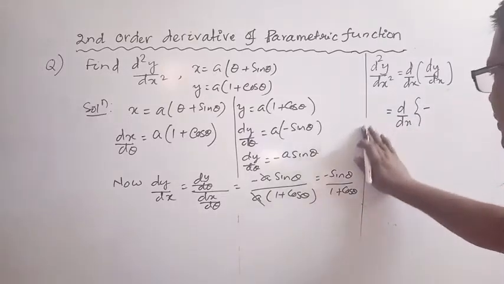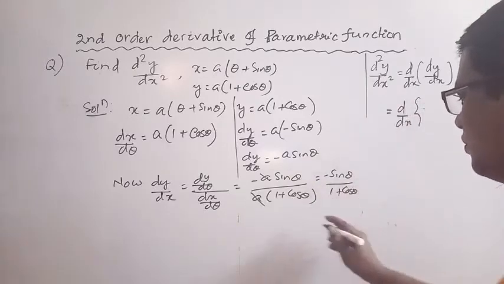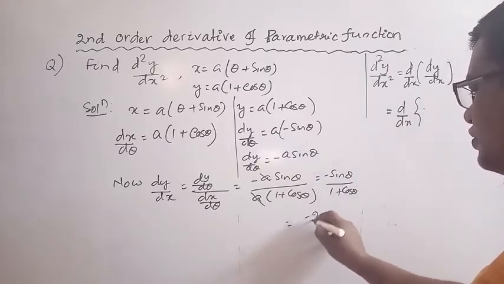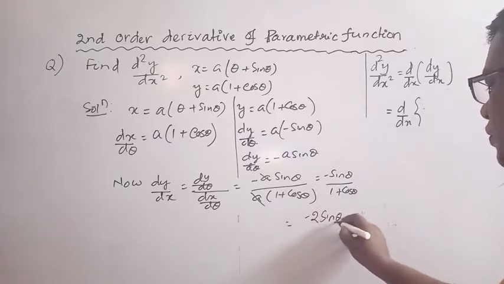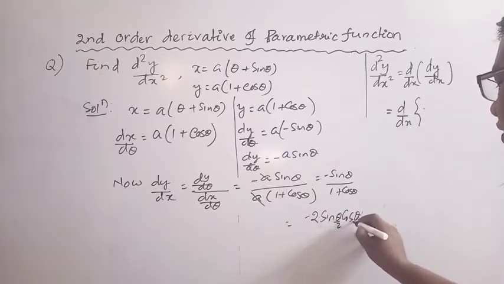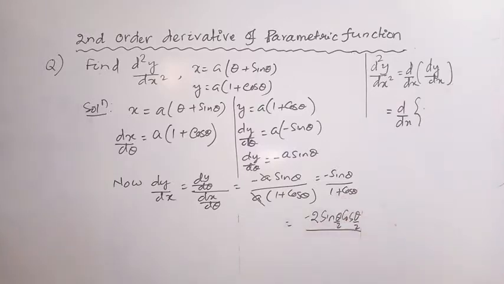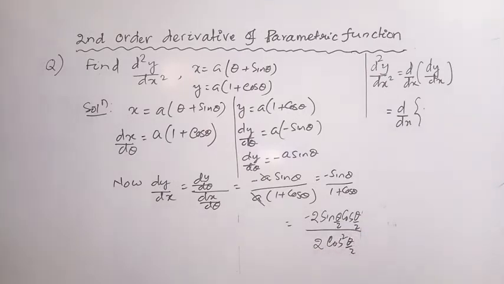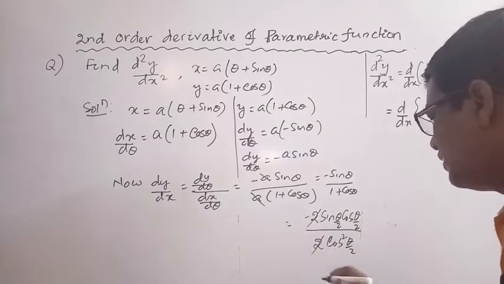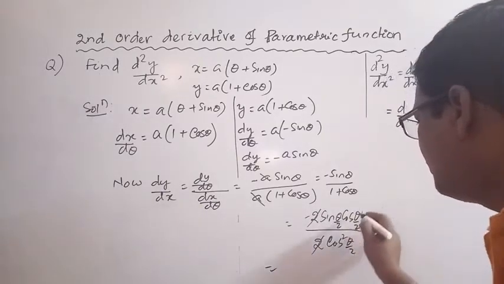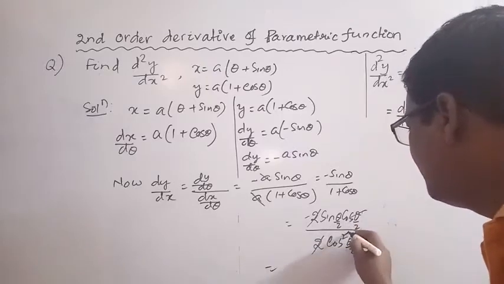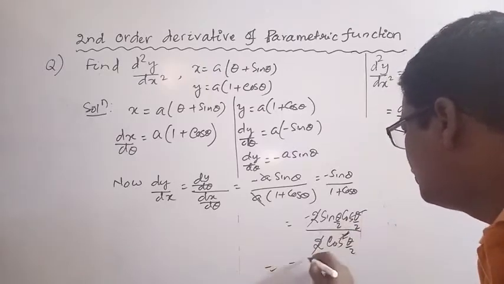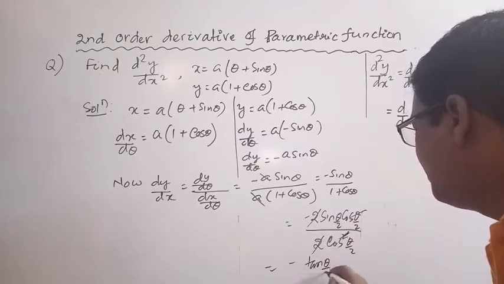This can be written as minus 2 sin theta by 2 into cos theta by 2 over, and 1 plus cos theta means 2 cos square theta by 2. So 2 cancels here, and cos theta by 2 cancels here, and this is minus tan theta by 2.